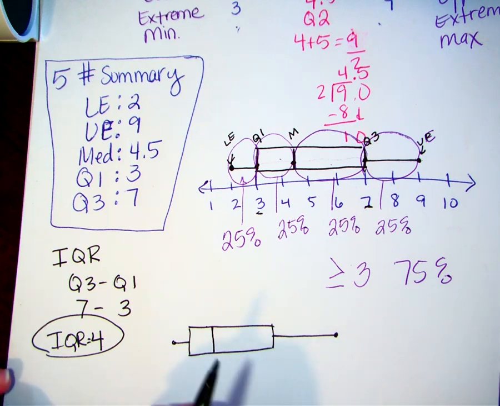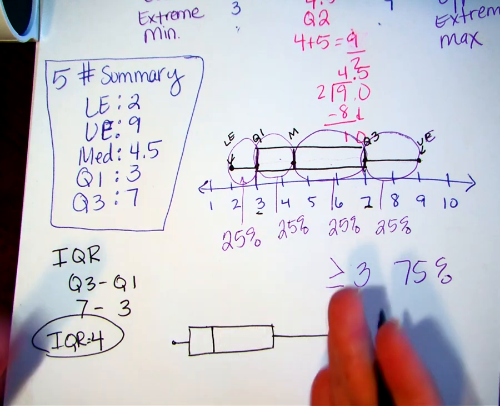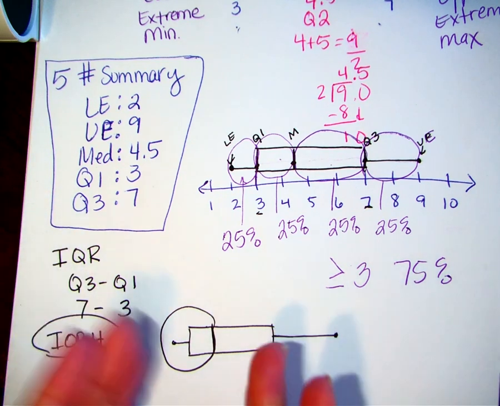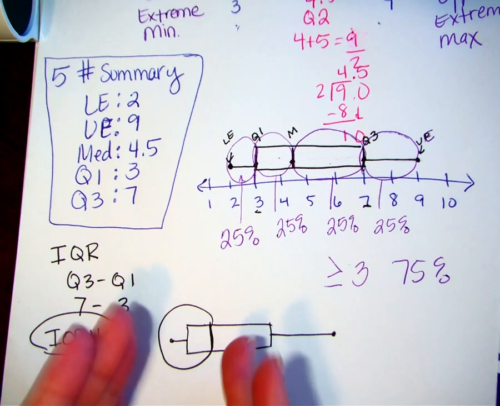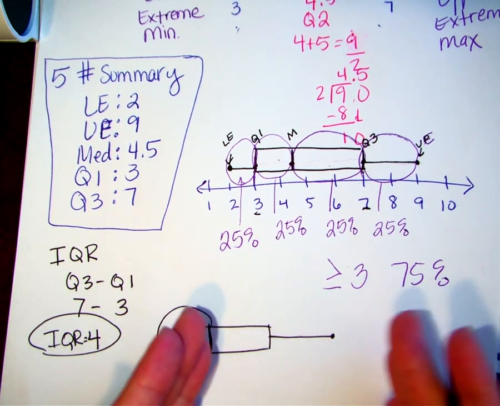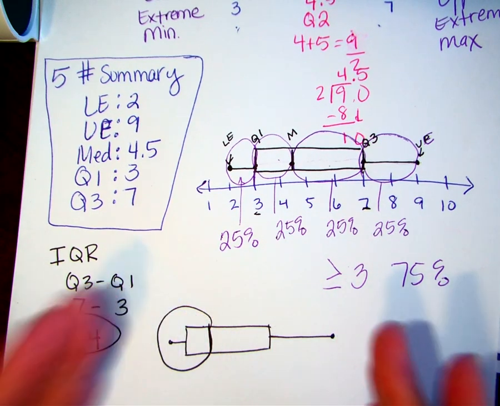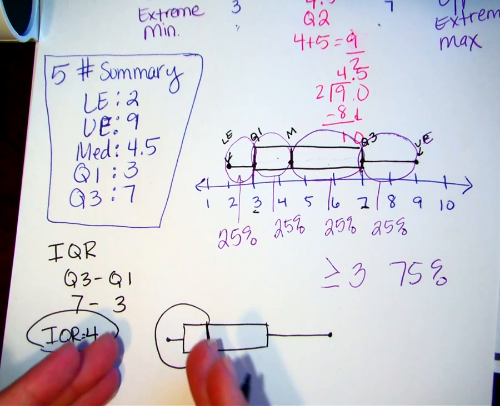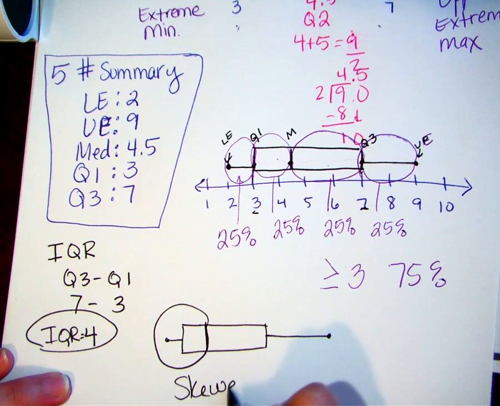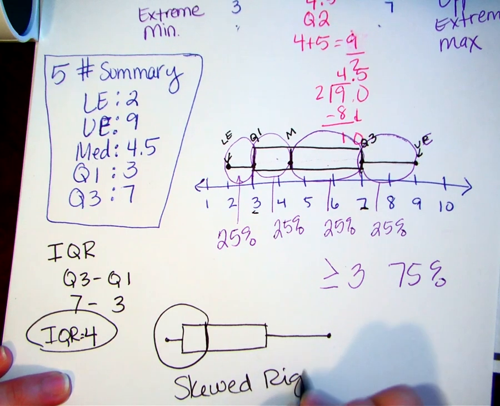So if the median is closer to Q1, that means all the data, or most of the data, is in this tiny little section. So most of your data is right here. So 50% is here, 50% is here, but it's spread out. It's skewed. So since 50% is on the left-hand side, then that means this would be skewed right.